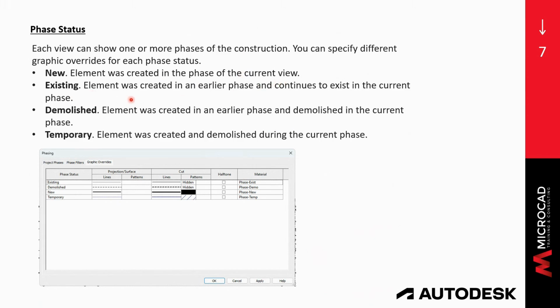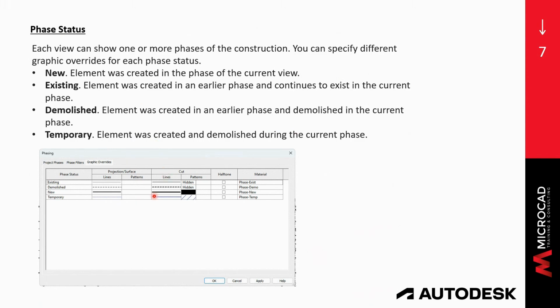An existing element was created at an earlier phase and will continue to exist in the current phase. A demolished element was created at an earlier phase and is going to be demolished in the current phase. And a temporary element was created and demolished in the current phase.